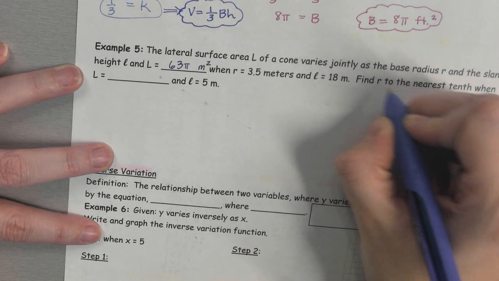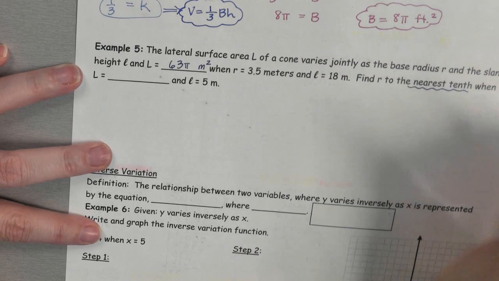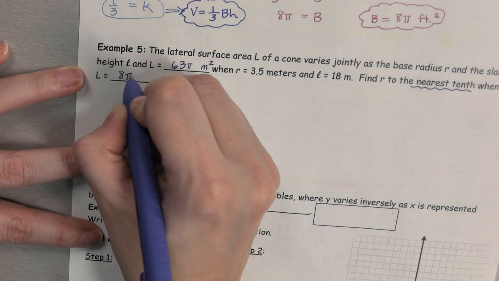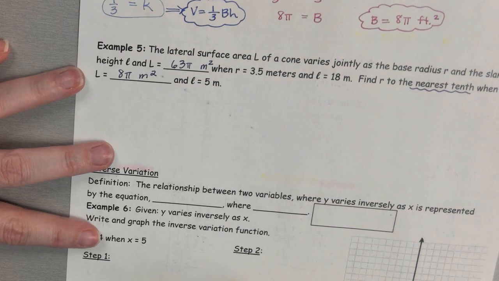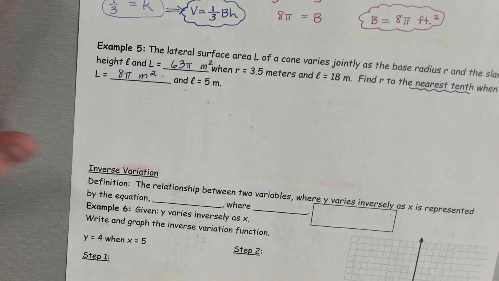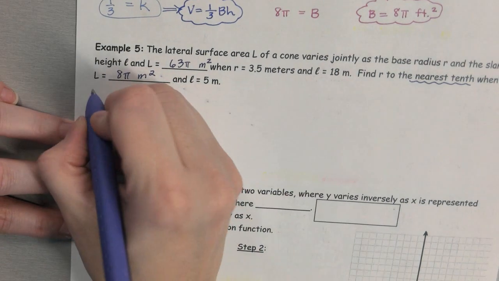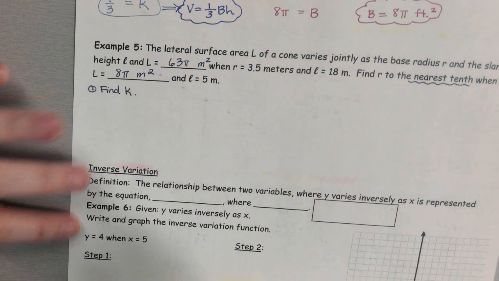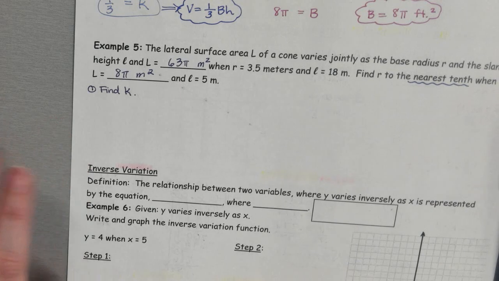This says find r to the nearest tenth when L is 8 pi meters squared, and the slant height is 5 meters. Okay? So I want you to do the first step where you're finding K. So see if you can set up that equation.